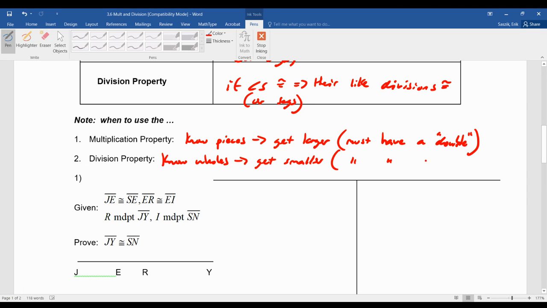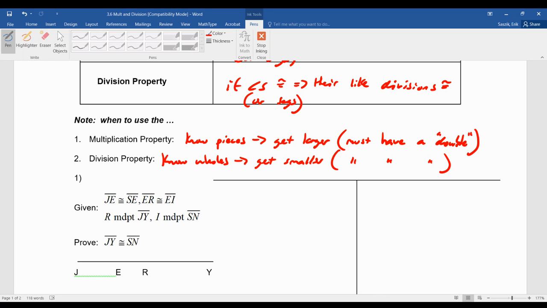Must have a double. What I mean by a double is, what multiplication and division does is it relates two totally separate things together. And the way we can do that is if both of those things need to be bisected, or they both need to be trisected, or they both need to have a midpoint, or they both need to be medians cutting the opposite side into two congruent parts.